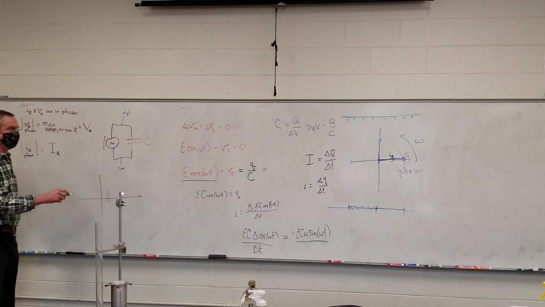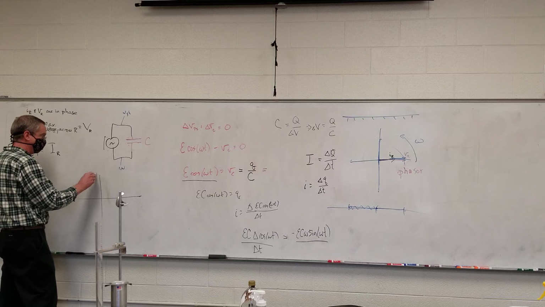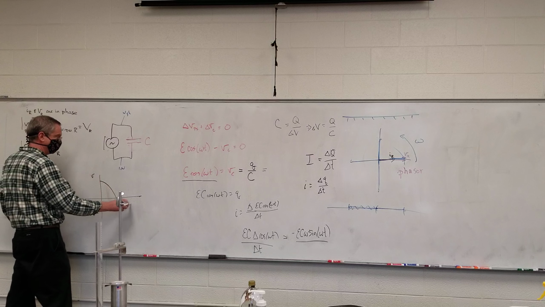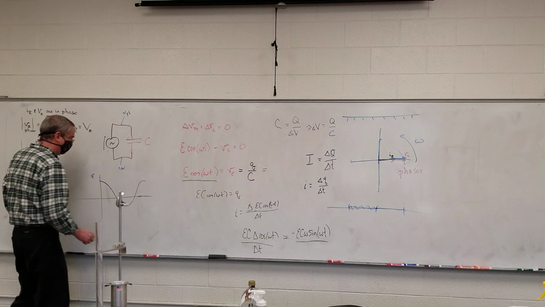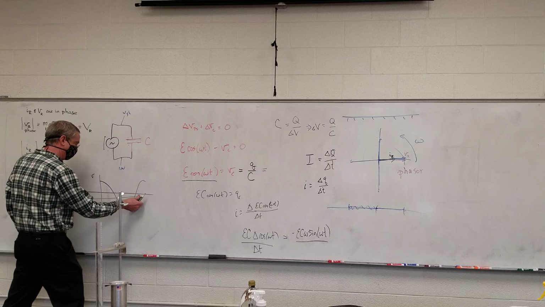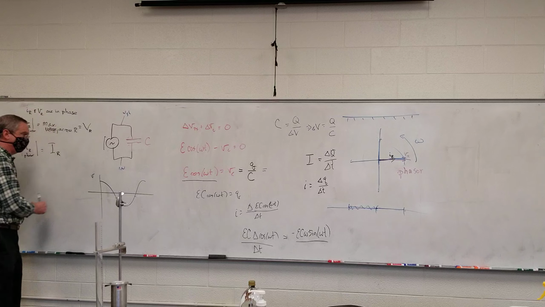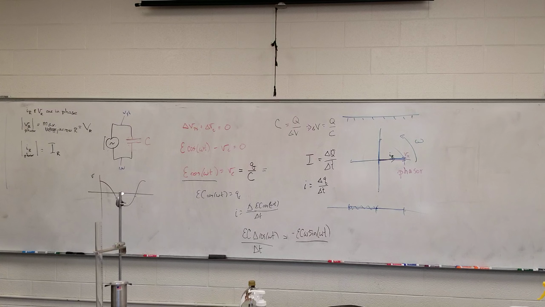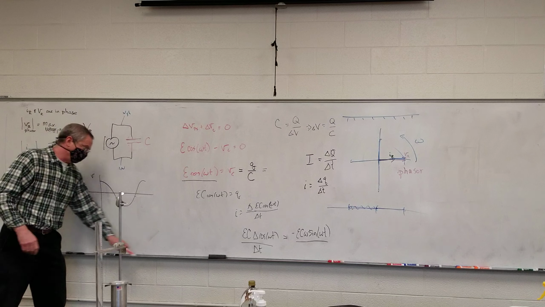So if I plotted my voltage, it's a cosine. My current is a negative sine.